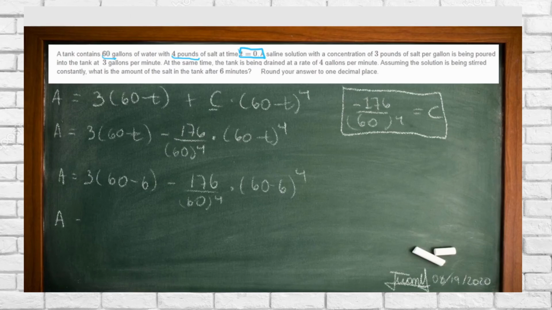So the amount of salt is going to be 3 times 54 minus 176 divided by 60 to the fourth times 54 to the fourth power.